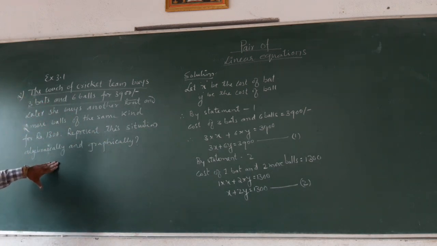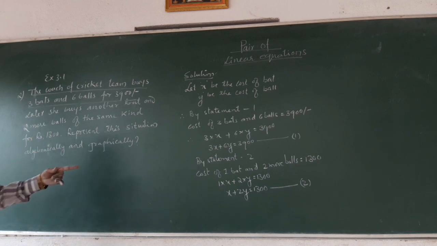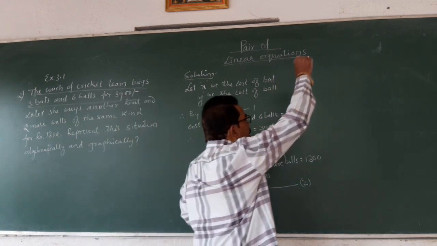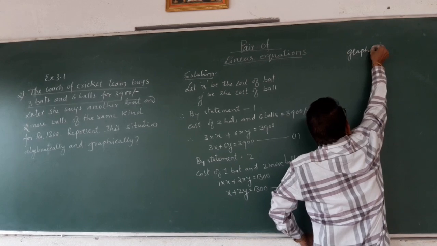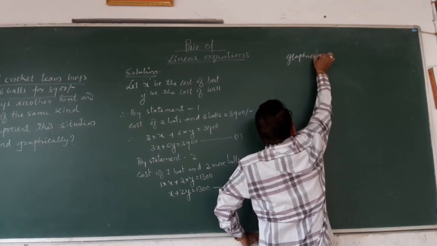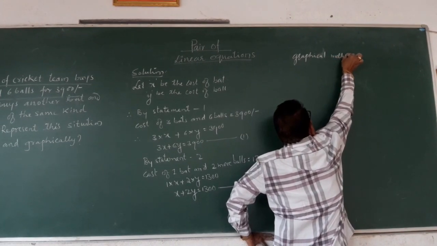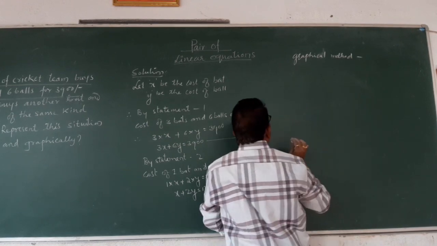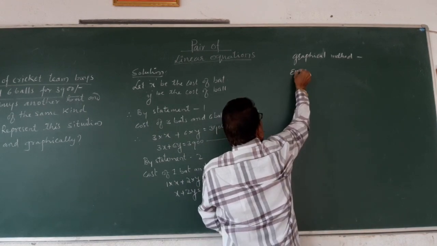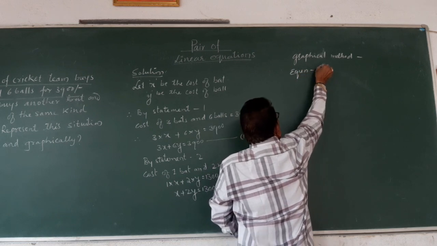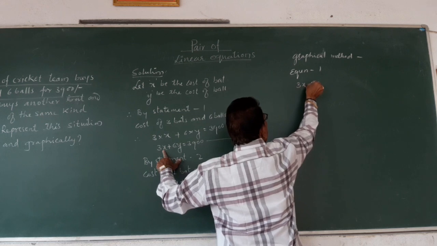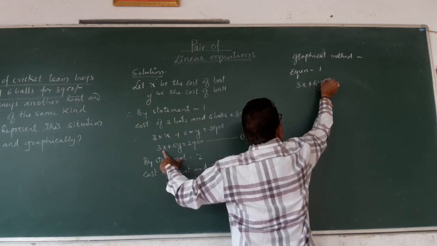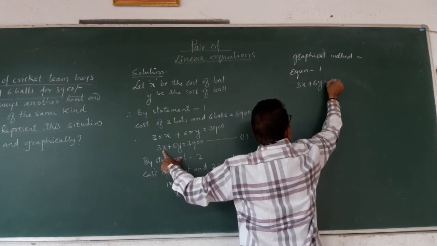Then let us solve this in the graphical or geometrical method. We consider equation 1: 3x plus 6y equals 3,900.